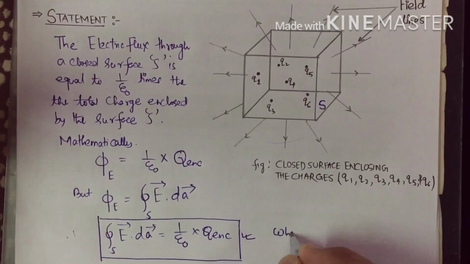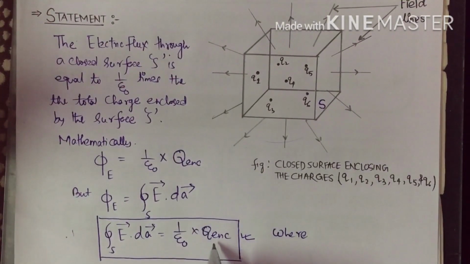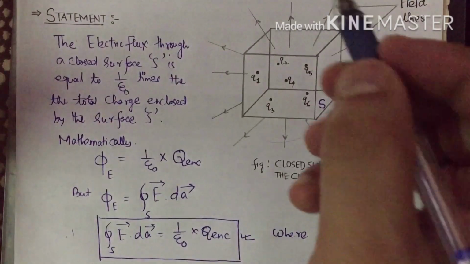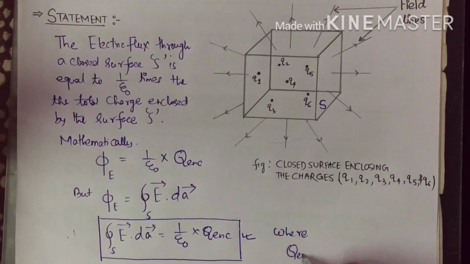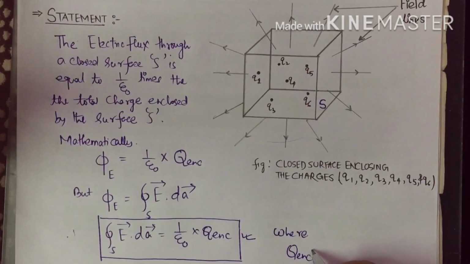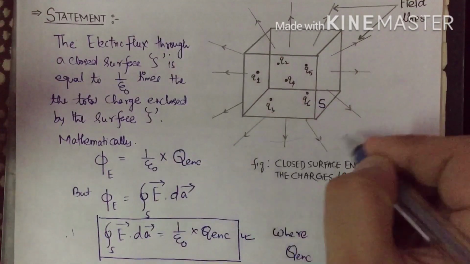Here Q enclosed is the total charge inside the closed surface S. So Q enclosed includes all the charges inside the surface.